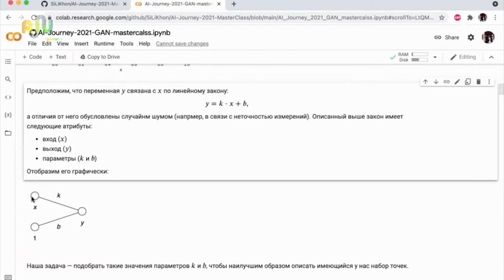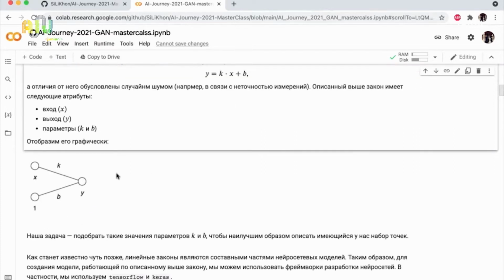In the future, they will mean neurons in a neural network, but now they're just some values. And the lines connecting x and y, y and 1, correspond to the number for this connection. And it's a sum of all connections. Y is going to equal x multiplied by k plus 1 multiplied by b.